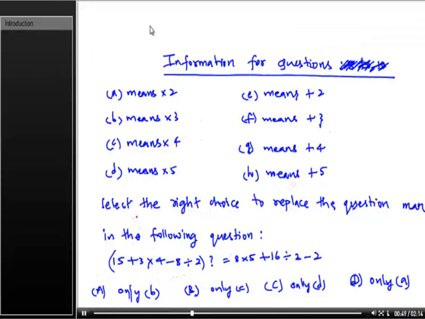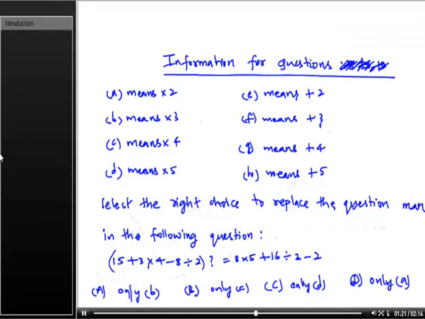The question is, select the right choice to replace the question mark in the following question. Let us begin with the solution. This is the equation given in the question. This implies we'll apply BODMAS to simplify this equation. 15 plus, here first of all we have to do division, then multiplication. Division goes to 8 divided by 2, it will be 4. 3 fours are 12.